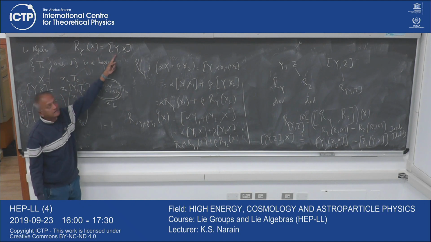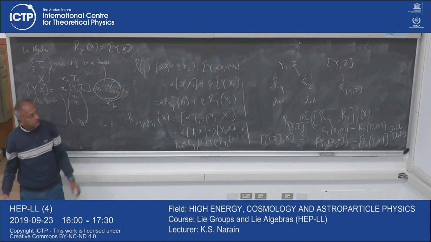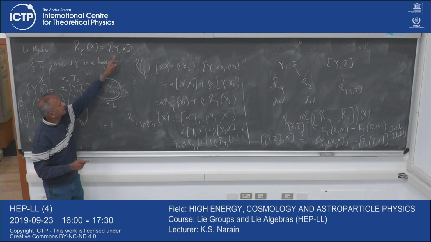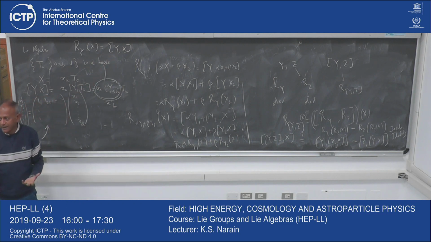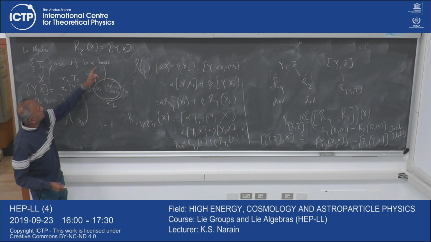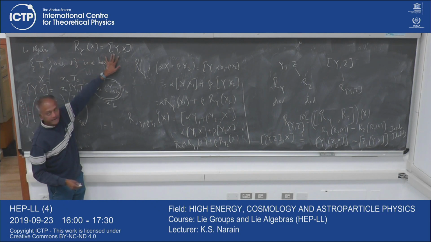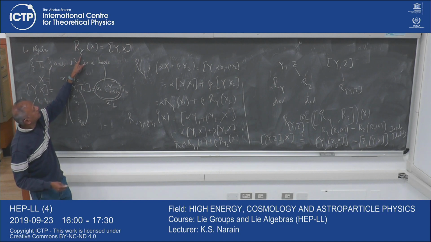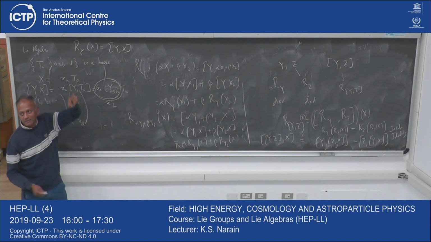That this map is in fact a representation. There are several steps. This was a map, but now I can always think of it as d by d matrices. So really this is a map from the Lie algebra to the d by d matrices, right? Because for each y, I can think of it as a d by d matrix. So this ad_y gives you a map from y to a d by d matrix.